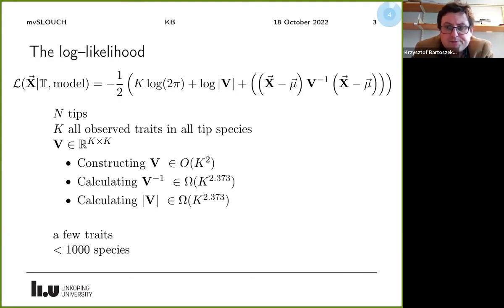Okay, and what can you do with this? Well, phylogenetic comparative methods, or Gaussian processes on this sort of trees, have been around much earlier than my joint work with Venelin. But the main problem was that if you want to do inference, you need to get the likelihood function.